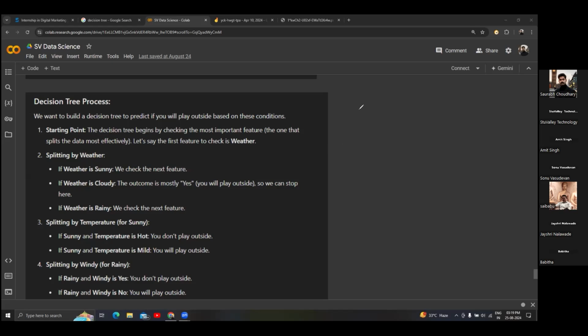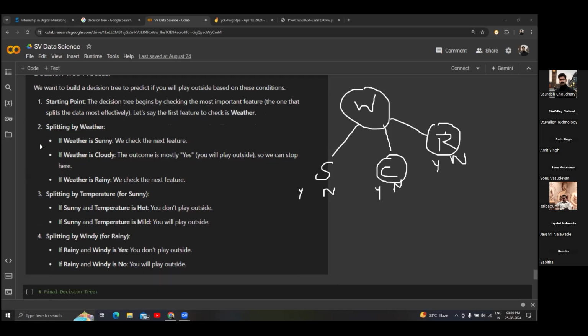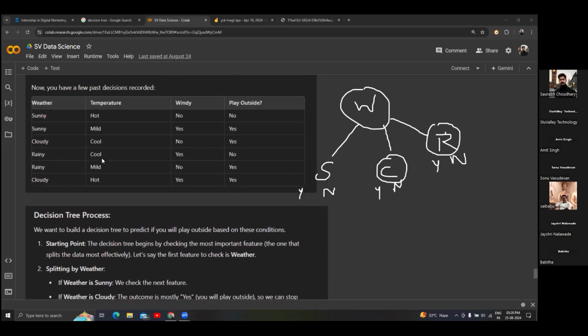In weather, you have three values: first sunny, then cloudy, then rainy. There will be yes, there will be no, for each. You have to count. Splitting on weather: the weather is sunny, the weather is cloudy. You have to compare this row and this output, how directly it is affecting.